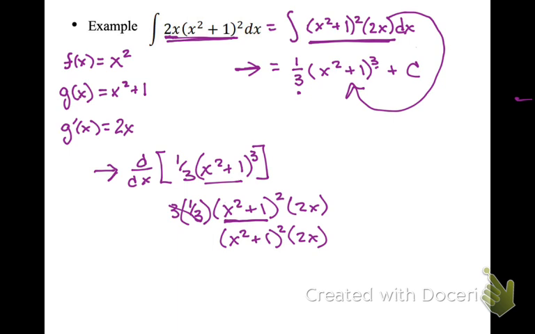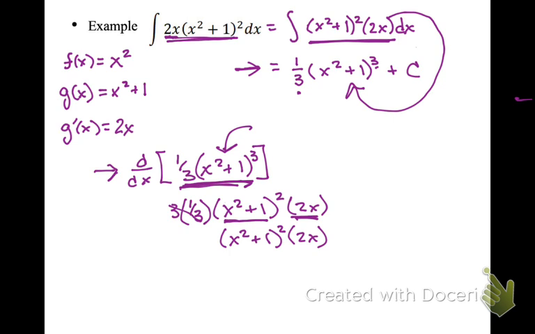I'm still... Okay, so I know that you added 1 to them. So then the 2x just went into that? Because when we did the chain rule right here, the 2x came from the derivative of g of x, didn't it? That's where it came from.